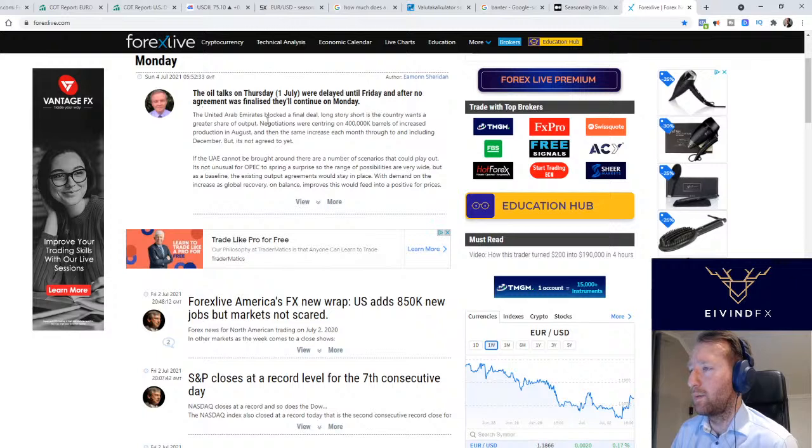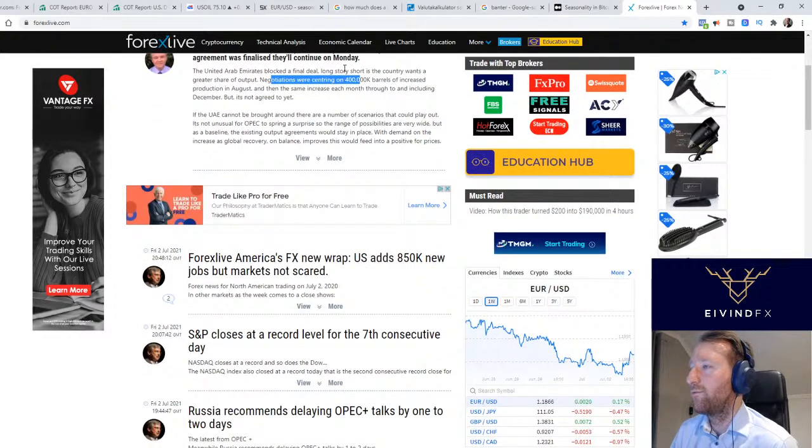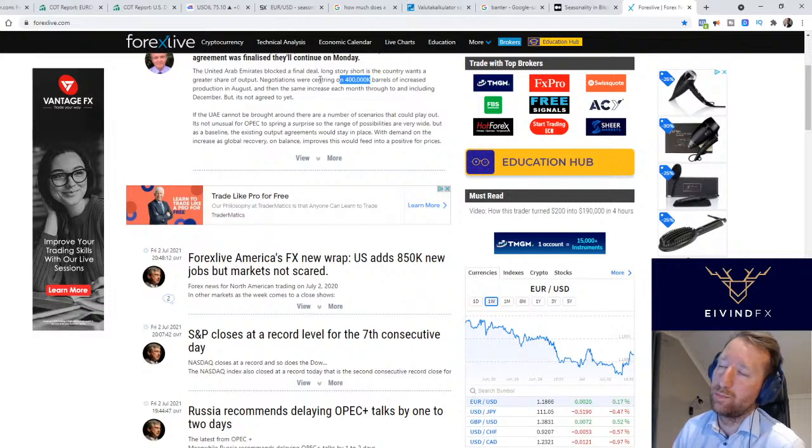The United Arab Emirates blocked a final deal. Long story short, the country wants a greater share of the output. Negotiations were centering around 40,000 barrels of increased production in August, and then the same increase each month through December. It is not agreed. 40,000 barrels is not a lot, right?